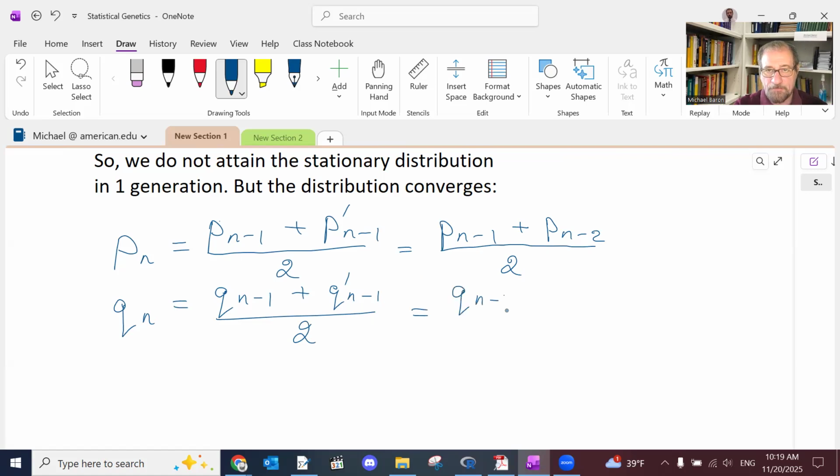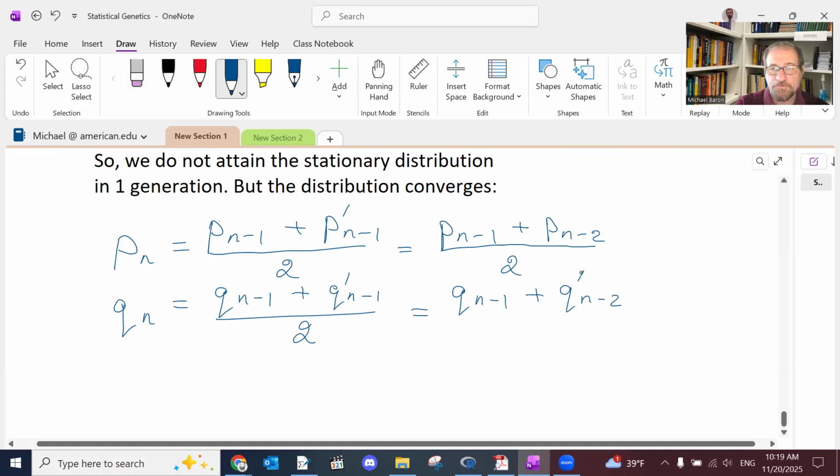So it's a proportion of recessive gene passed from the mother to the daughter and from the grandmother to her son.